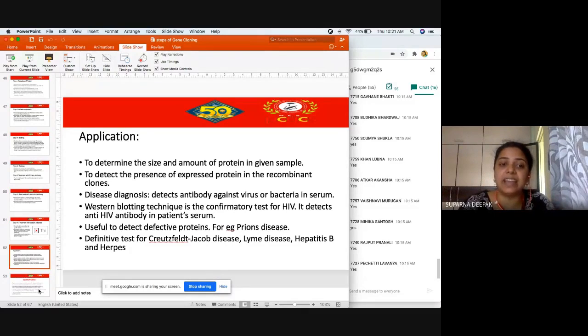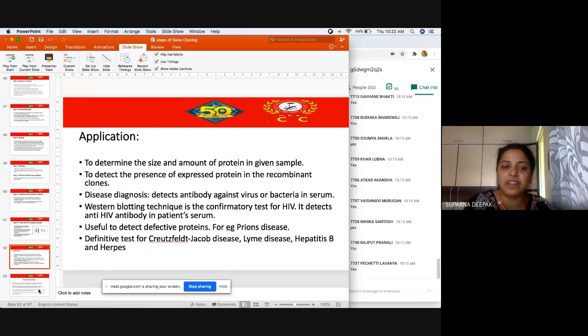It detects the anti-HIV antibodies which are present in the patient's serum. It is useful for detecting defective proteins like in prion disease. Prions are nothing but infective proteins. So diseases which are caused by these prions can be detected by Western blotting.